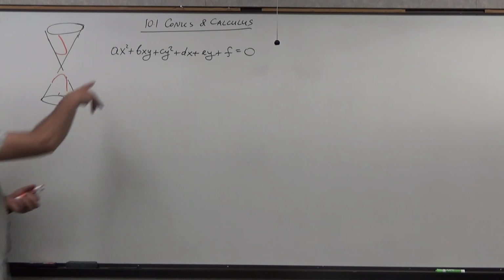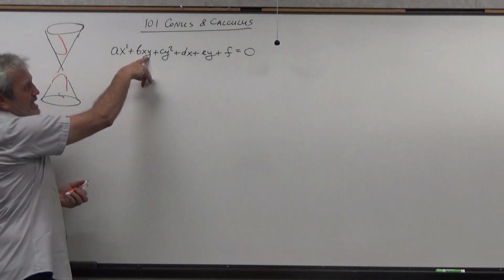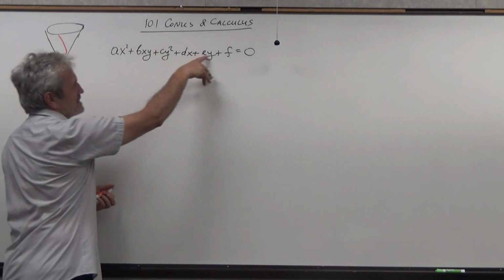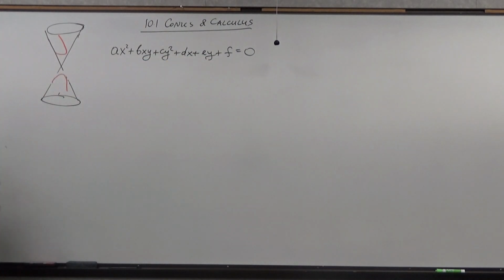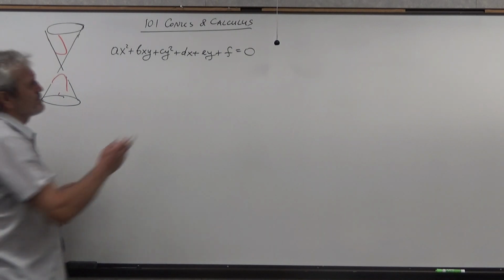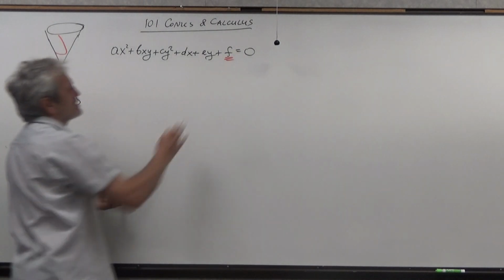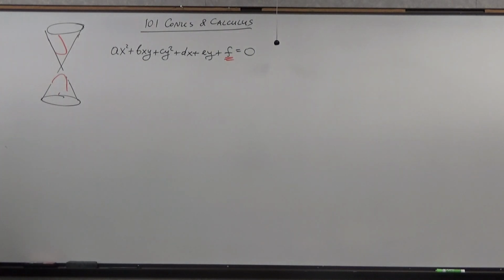You see, there's a quadratic term, there is a mixed term, the xy term, there is a y squared term, there are linear terms, and there is a free constant term. So how do they influence those equations? Basically, in our course, this part f just controls basically if your curve goes through the origin or not.